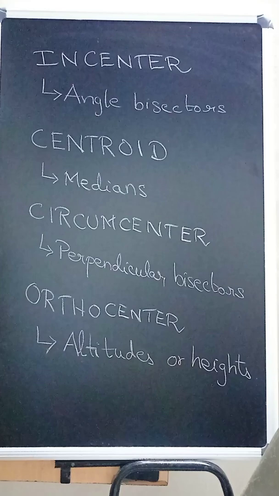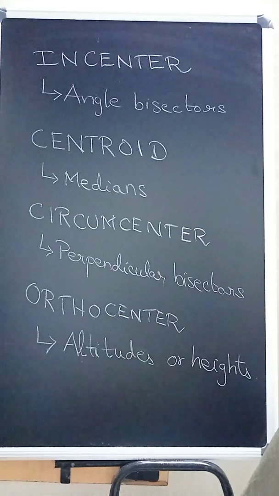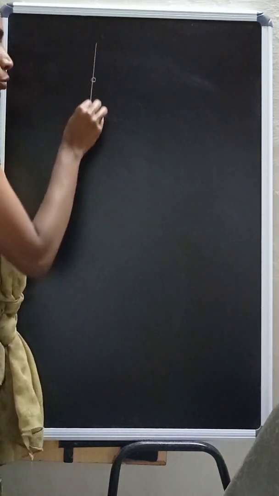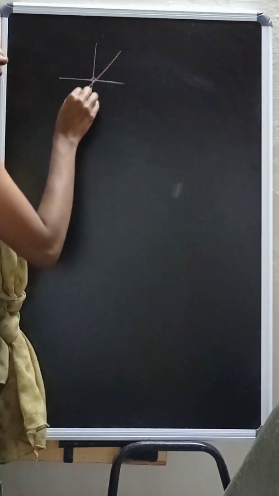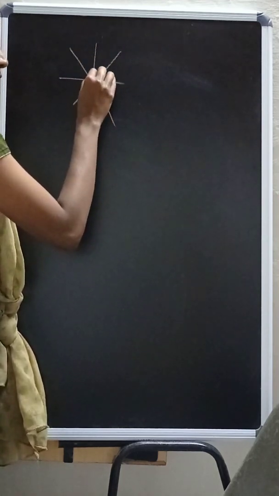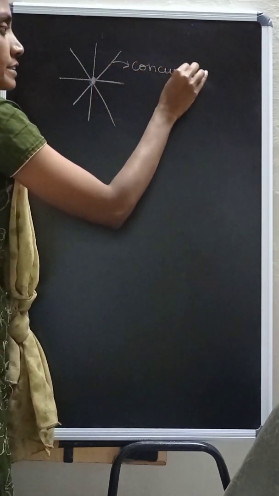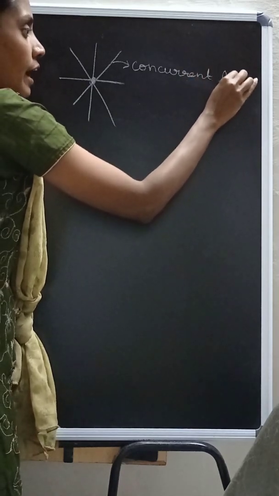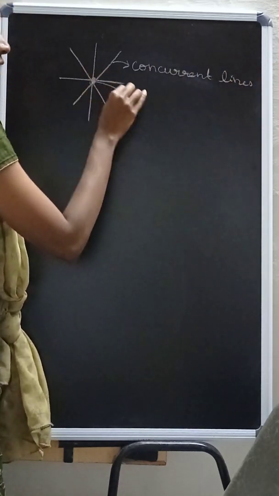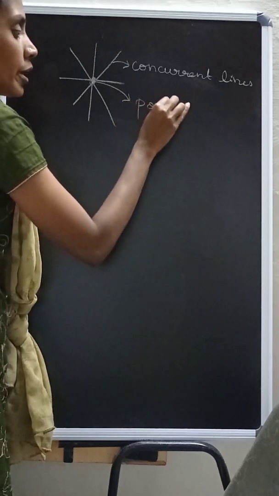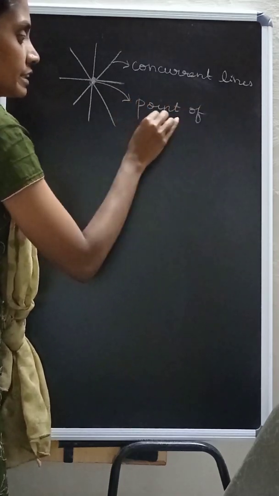In this video we are going to see what is incenter, centroid, circumcenter and orthocenter. Before proceeding, I wanted you to know some terms. Now, if two or more lines pass through a same single point, then those lines are called concurrent lines, and the point at which these lines meet is called point of concurrency.